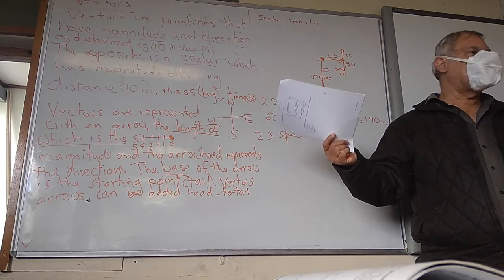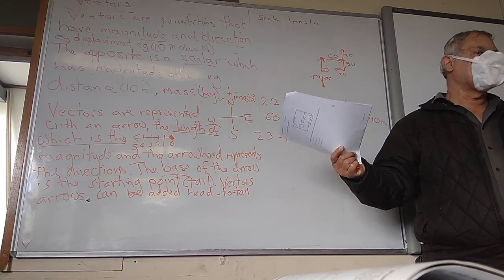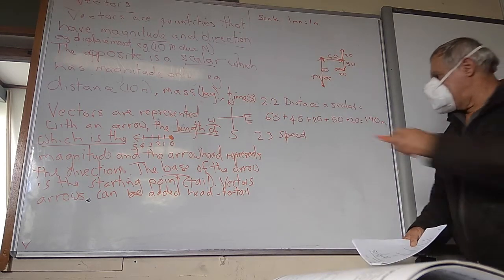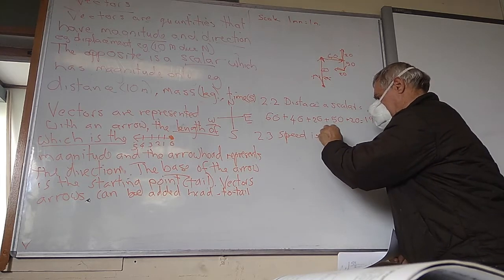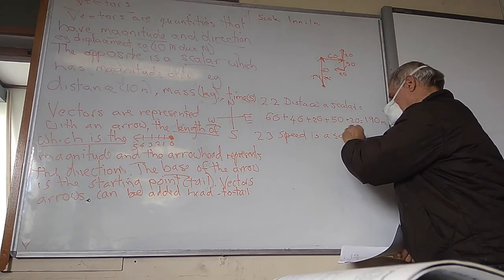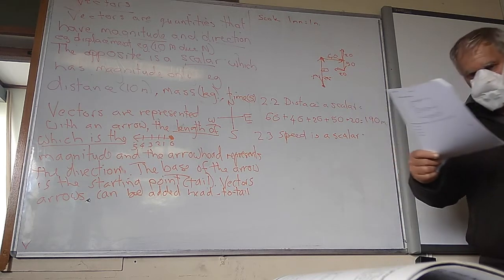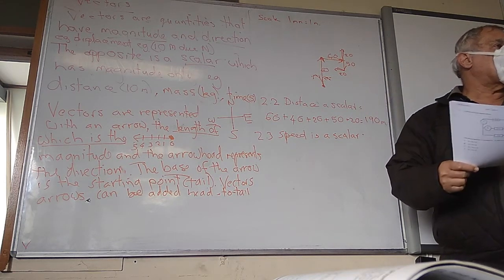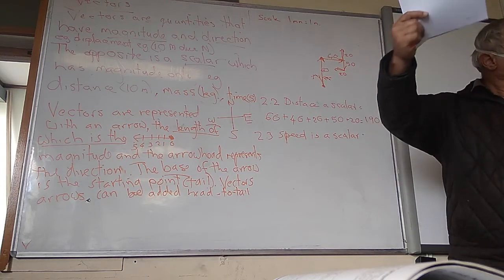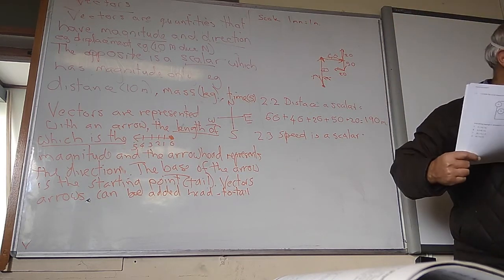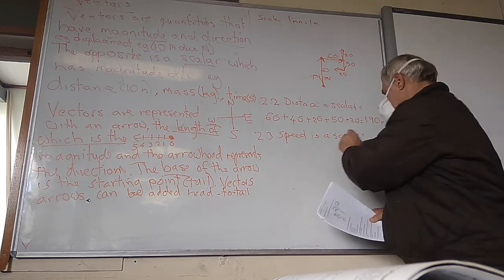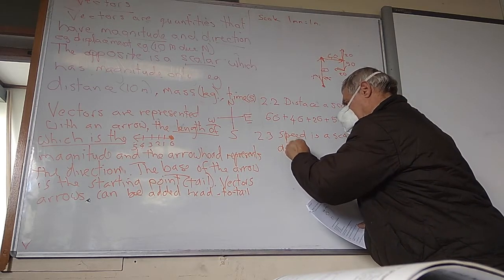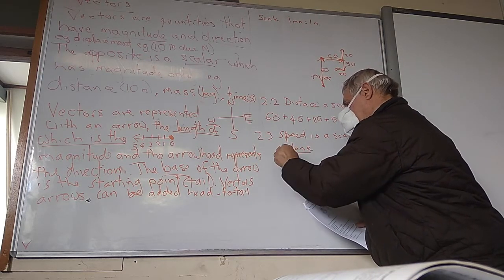Is my speed on a motorbike a vector or a scalar? So speed is a scalar. Speed is like kilometers per hour, distance over time.